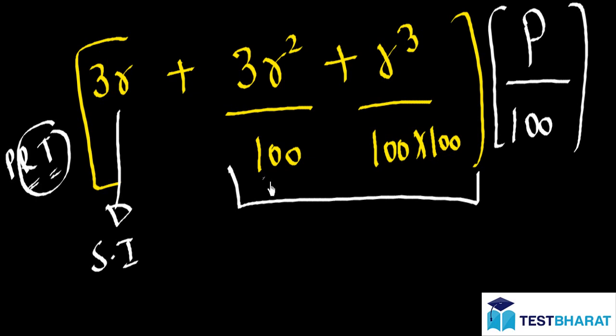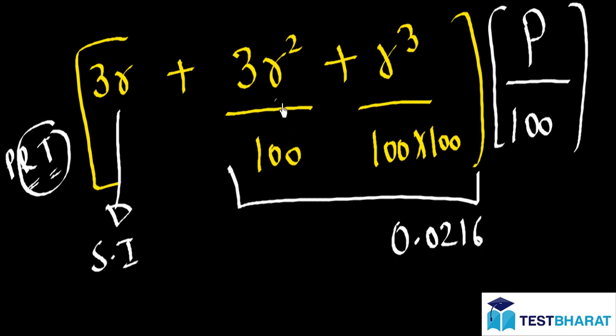As I told you in my earlier video, the R cube term when adjusted for the decimal places will be very small. Here we can see that our R is 6%. So when I cube it, R cube will be 216, and when I adjust it for the decimal places, this will come out to be 0.0216.